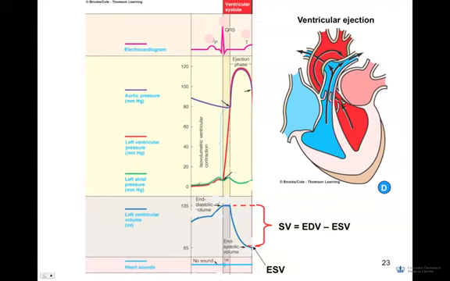So if we look up here at our electrocardiogram, we're in that ST phase. And if you notice, the T wave actually begins before ventricular systole ends. Portions of our ventricle are starting to repolarize, because the T wave is the repolarization of the ventricle.